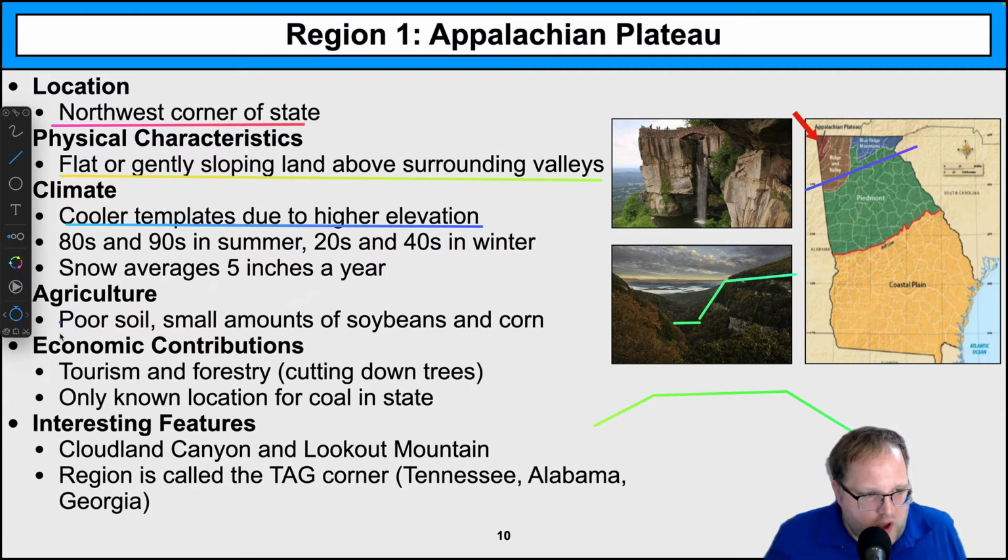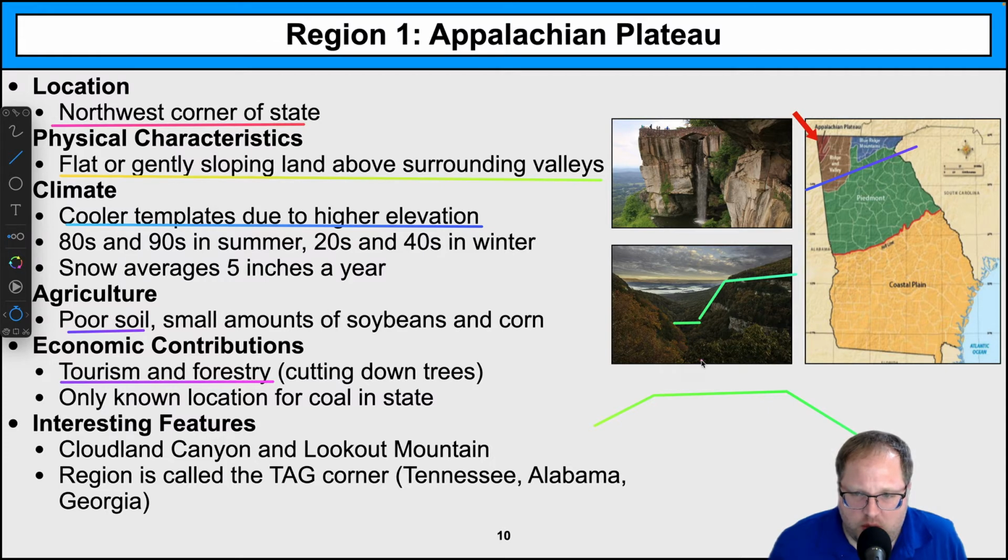We also want to know that there is not a lot of agriculture in the Appalachian Plateau due to its poor soil and the fact that the ground is just not flat enough in most of this region to farm. We want to know that the people in this region make most of their money through tourism and also forestry.